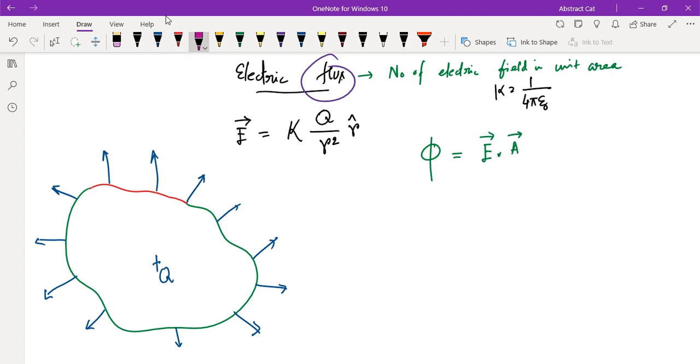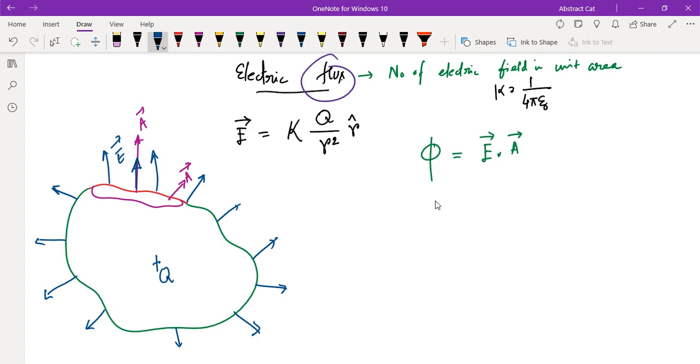Now we consider that area A, and the area vector is in that direction, and the electric field E is in the same direction. Electric field and area are in the same direction.